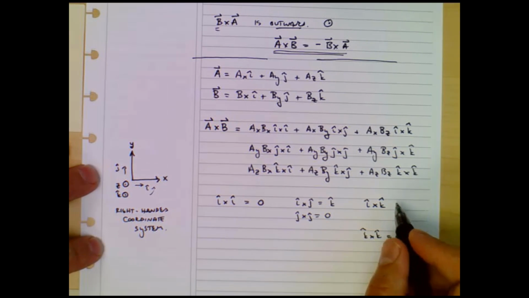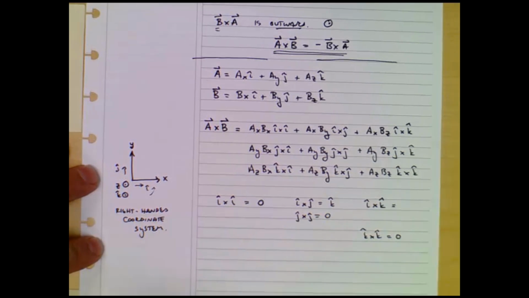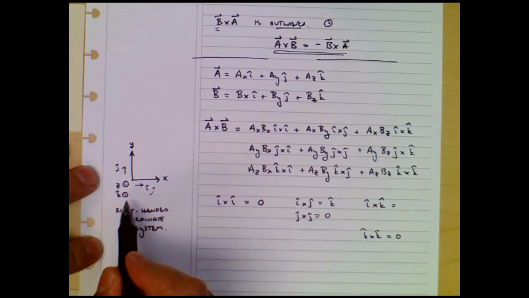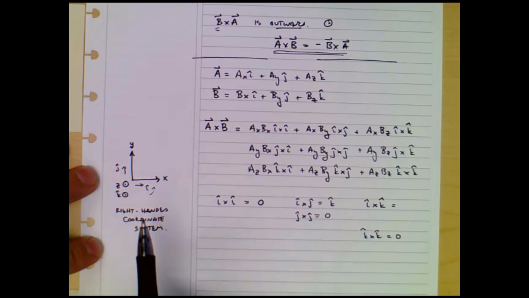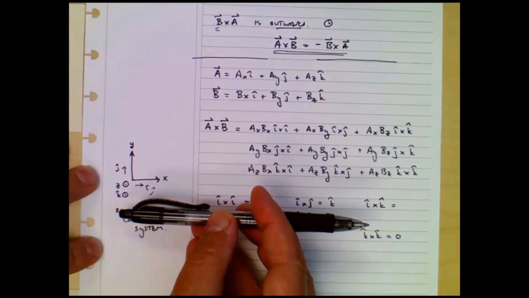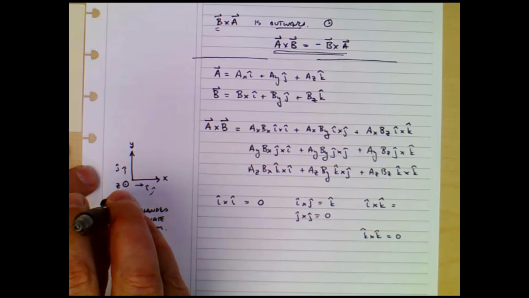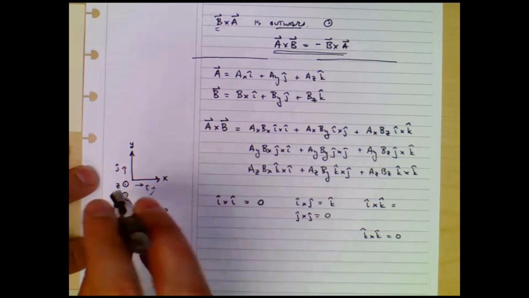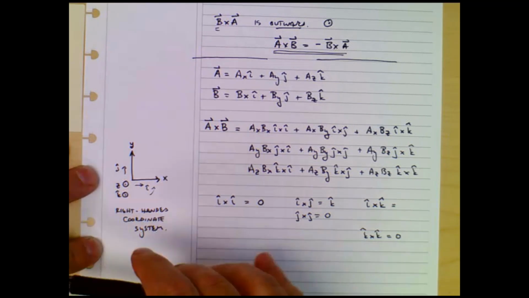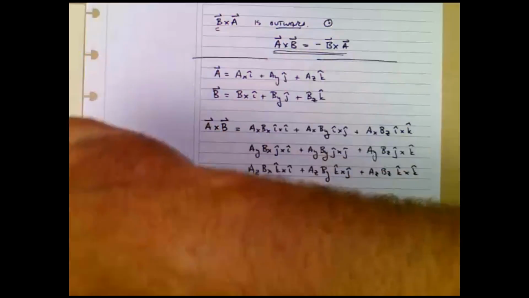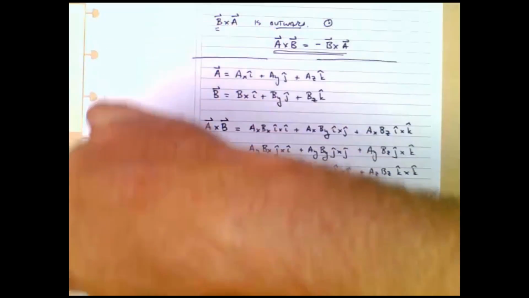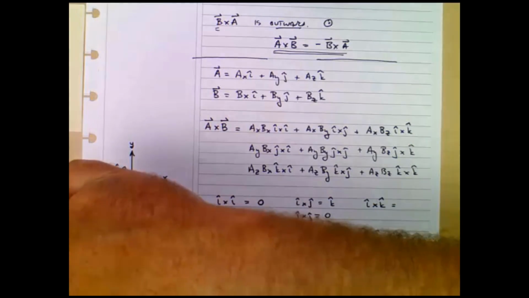You can hit pause and figure it out, because I'm going to tell you real quick here. i cross k, I need to take i and turn it into the direction of k, which means it needs to rotate from here to here. The only way for me to get my fingers to circle in that way is to have my thumb pointing down along the y-axis, if you will.